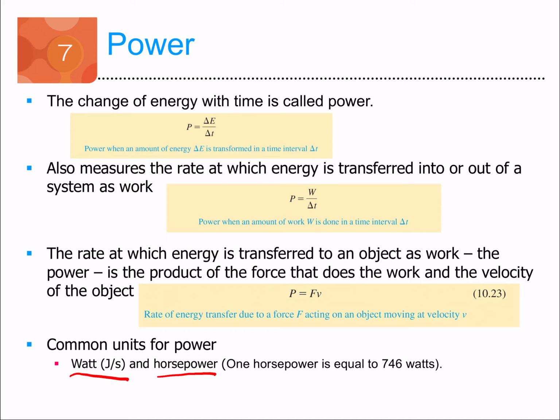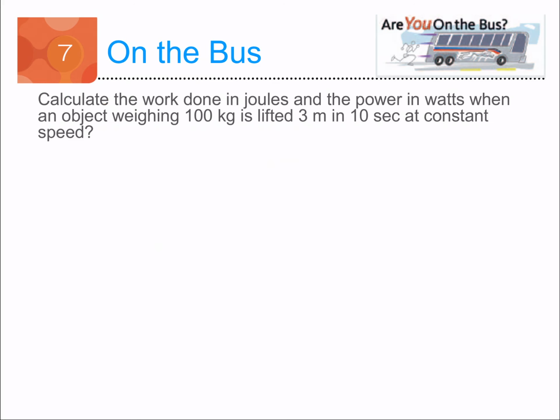Let's try one problem before we break on this part. We're asked to calculate the work done in joules and the power in watts when an object weighing 100 kilograms is lifted 3 meters in 10 seconds at a constant speed. So we want to know the work and the power.